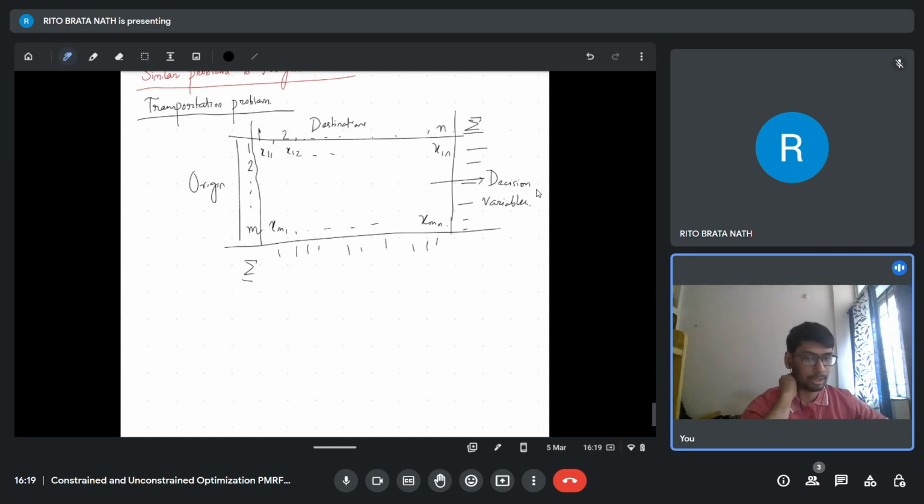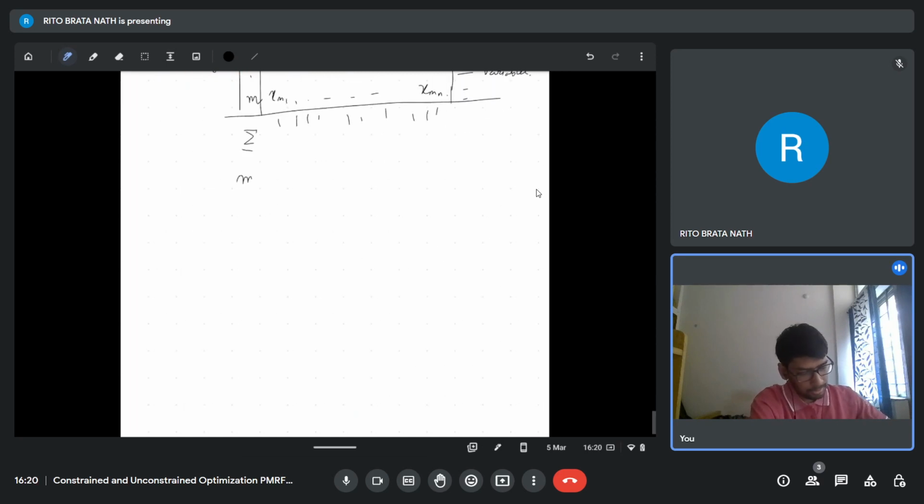In case of an unbalanced problem, what we typically do is convert it into a balanced problem by adding extra variables with a zero coefficient in the objective function. So the constraints are kind of clear.